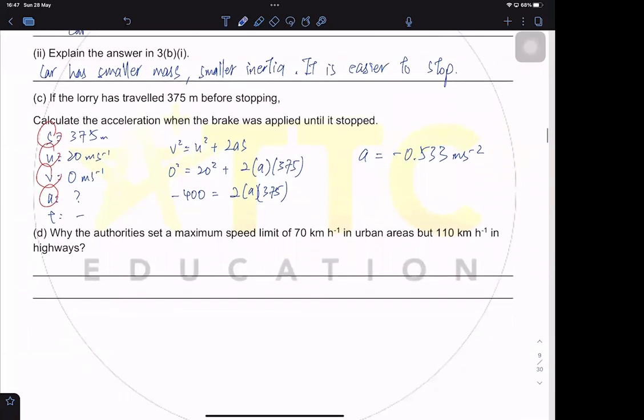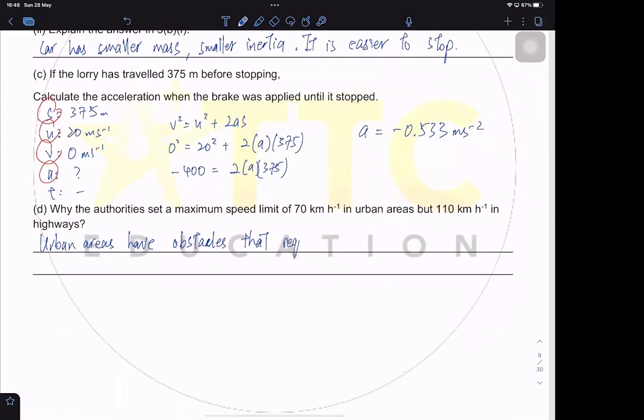You can say, urban areas have obstacles, means things that stop you, that require the vehicle to slow down or stop.